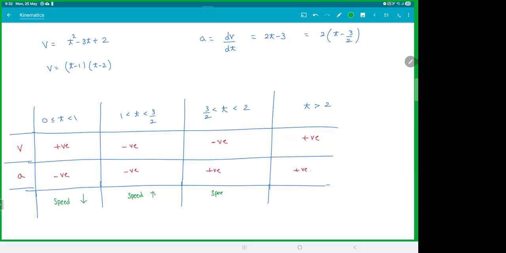Speed is going down. Speed is going up. Perfect. So if you want speeding up, mathematically, this is how you write. It's 1 comma 3 by 2 union 2 comma infinity.